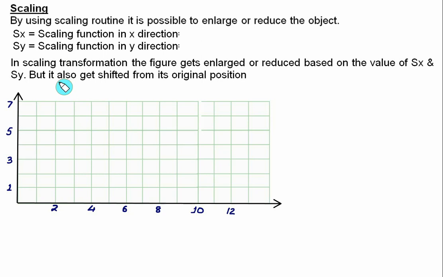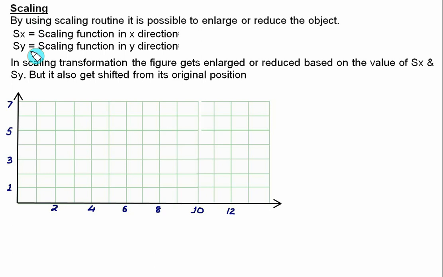Depending upon the values of Sx and Sy, the object will get enlarged or reduced. If Sx and Sy are both greater than 1, then the object is going to enlarge. And if Sx and Sy are less than 1, in that case the object gets reduced.